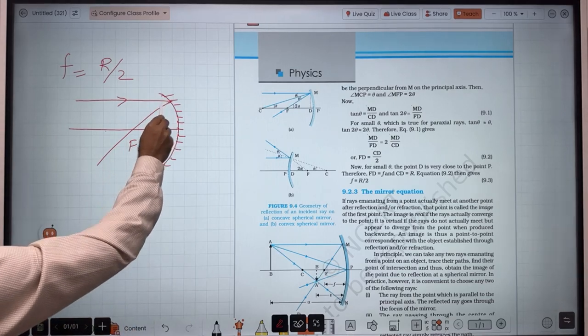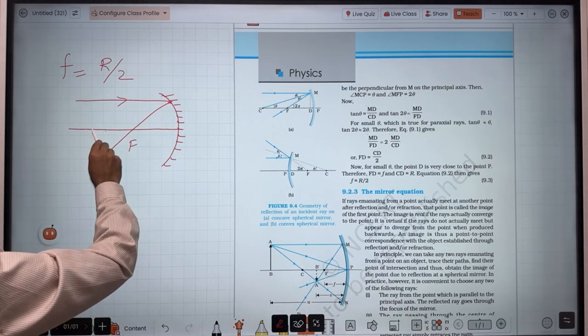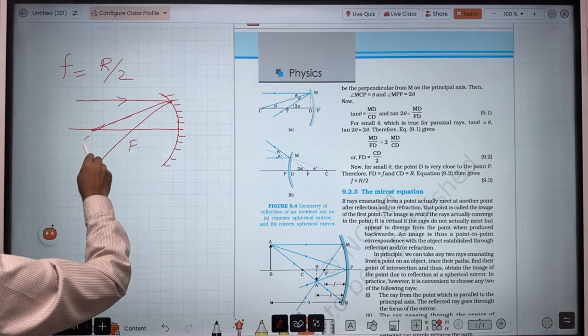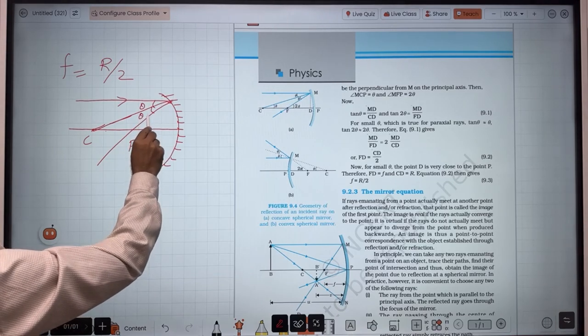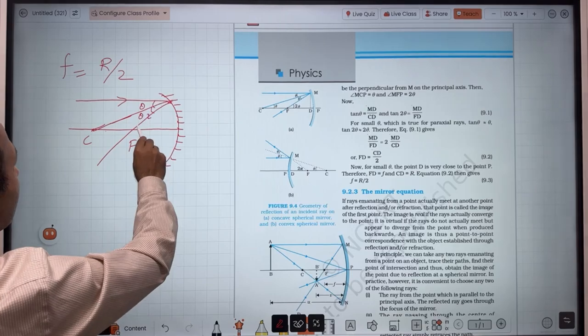This is the focus, and if we draw the normal, it will pass through the center of curvature. So this is C. If this angle is theta, this angle will also be theta. This is the reflected ray, right?